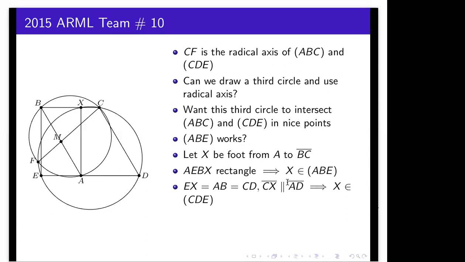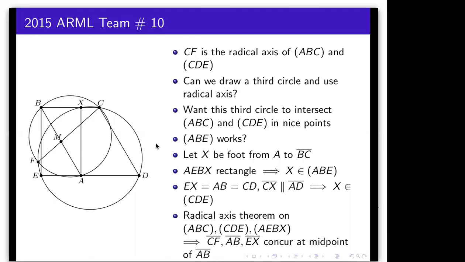That's good, because now we have this third circle which intersects the other two circles at nice points. So let's use the radical axis theorem on ABC, CDE, and AEB. The radical axis of ABC and CDE is CF, as we observed earlier.